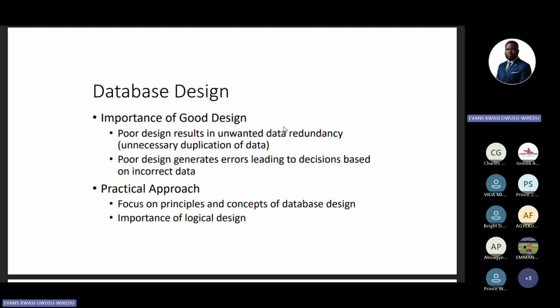So poor design generates errors leading to decisions based on incorrect data, right? So if there is a poor design, then it means that your decisions will be affected, because one of the things that it will affect is how you will be able to project, because properly aligned data is what you stand on to make your future projections, right?